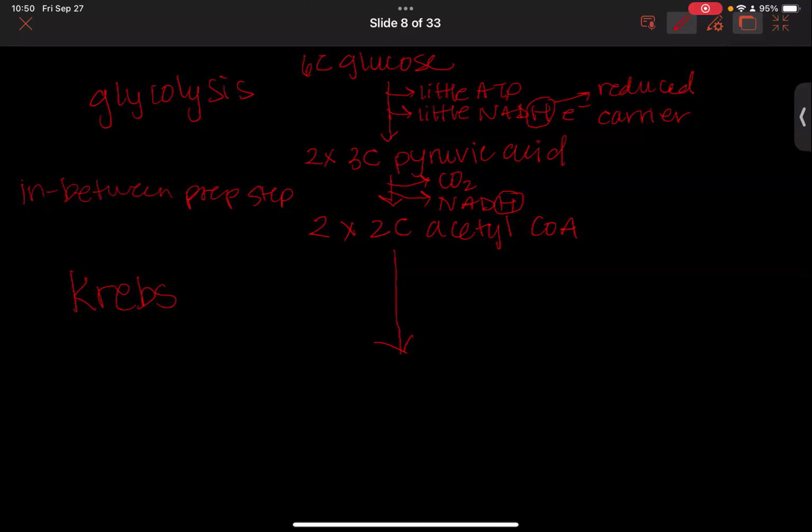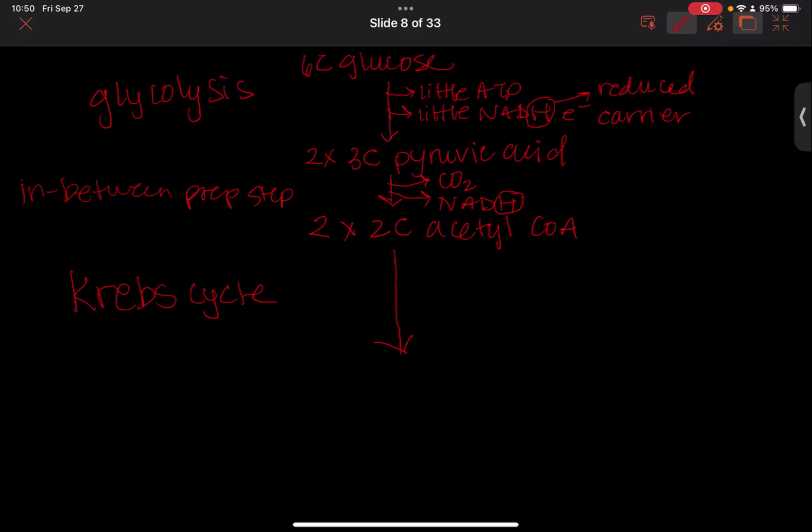So this is a big old cycle. We're going to put something in, combine it with the waste of the previous one, go through the cycle and end up with the waste that's going to go with the next thing. That's how the cycle works and why it's a cycle.